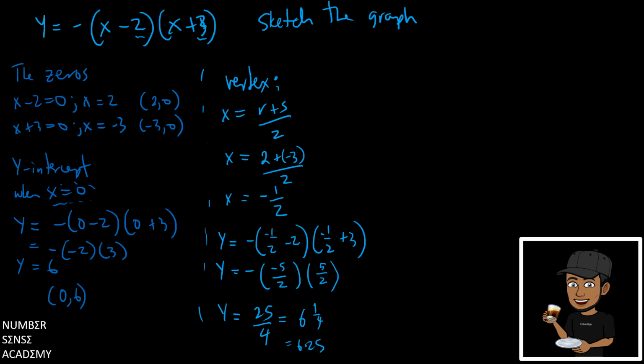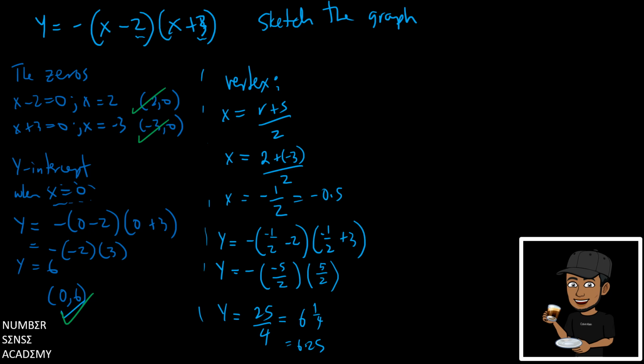This is going to help me graph it. So x is equal to negative 0.5. Now I can actually put this on a graph because I have the y-intercept, I have the x-intercepts, and I have the coordinate of the vertex. Let me actually write that down.